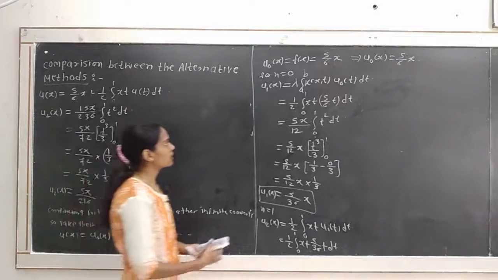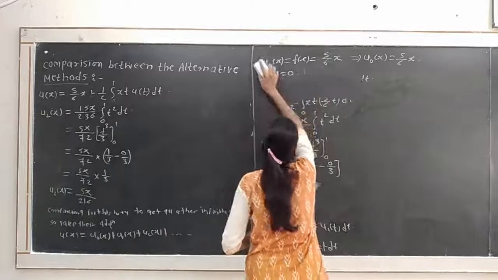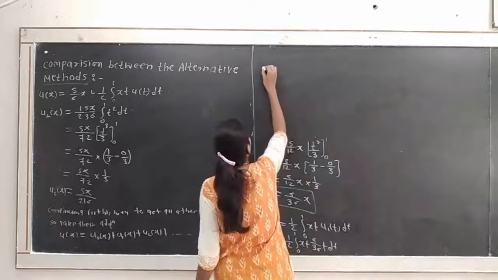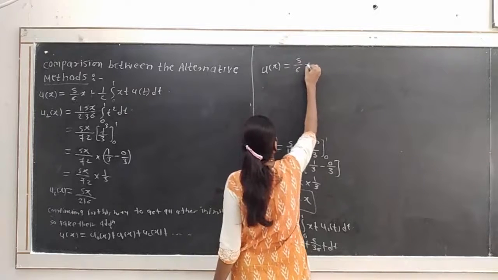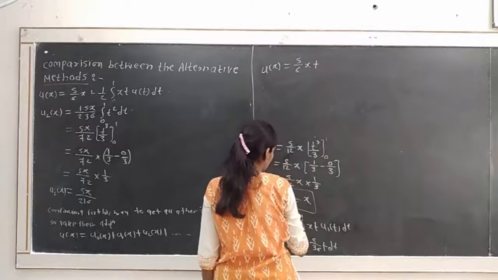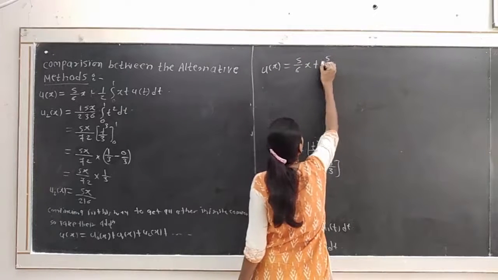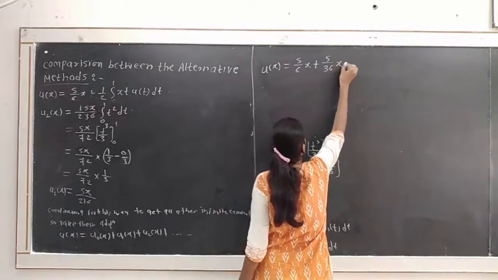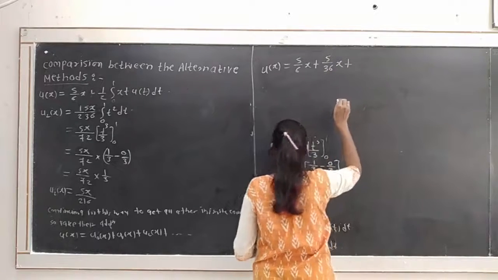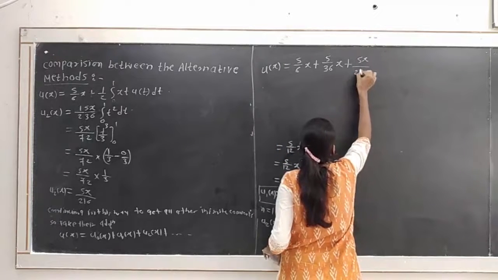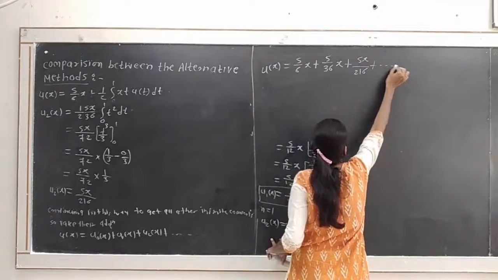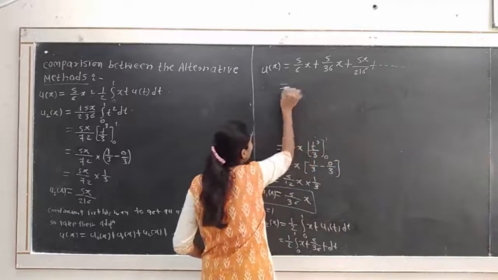Then we take the addition of all the components. u of x is equal to u0 of x will be 5 divided by 6 into x, plus we have to get u1 of x will be 5 divided by 36 into x, plus we have to get u2 of x will be 5x divided by 216, and plus up to so on. We have to get all other components.